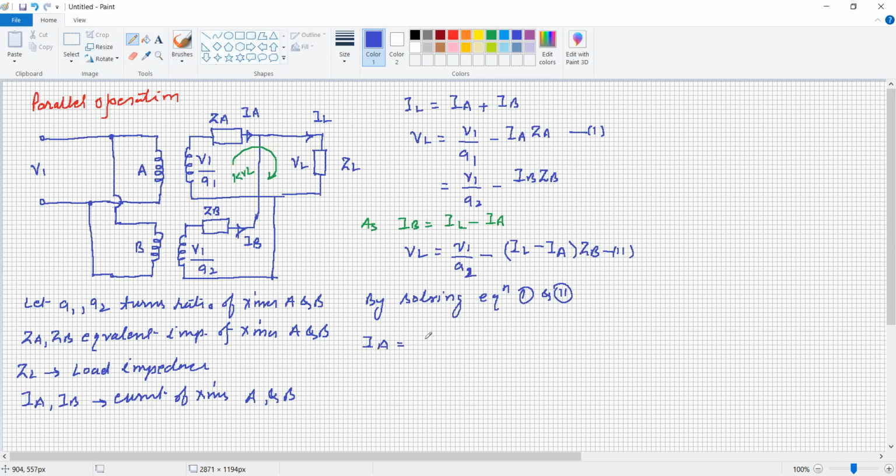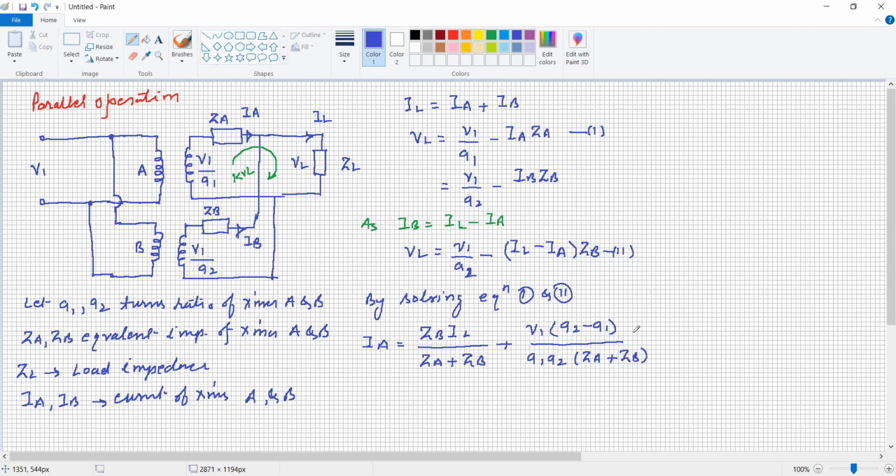IA is equal to ZB into IL divided by ZA plus ZB, plus V1 (A2 minus A1) divided by A1 A2 into (ZA plus ZB).